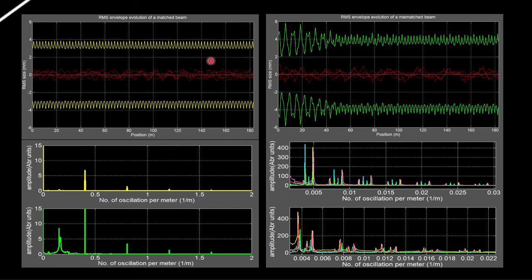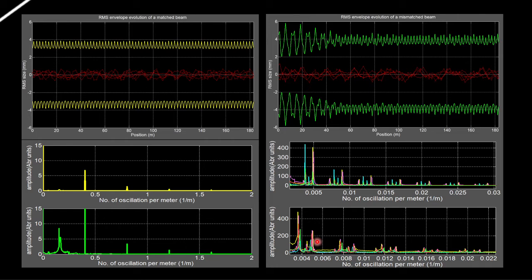Now as soon as you introduce a mismatch, the oscillation frequencies for these particles also change, and that is demonstrated in this figure. As soon as you introduce an initial mismatch, the particles are going to have different frequencies. There's an introduction of frequency spread in the particles.